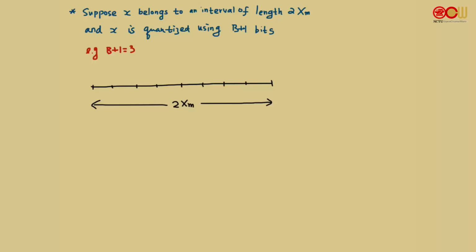In each cell, the value of x is quantized to the center, and each cell or quantized value is given a binary code. Say this is 000, 001, 010, 011, 100, 101, 110, and then 111. It's in a range of 2xm. In our previous example, this is -1 and this is 1.